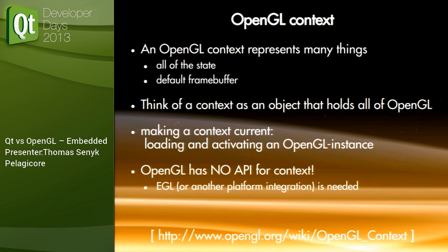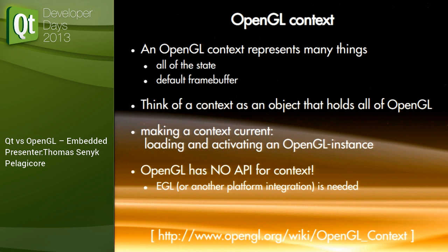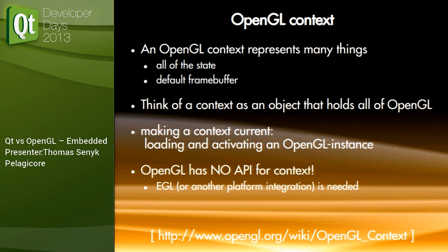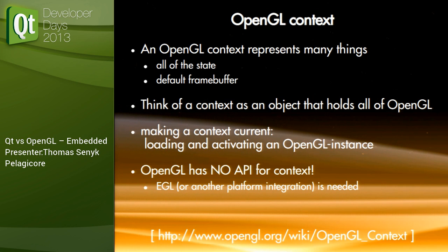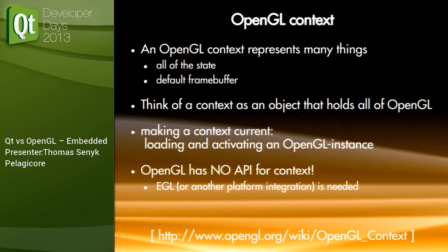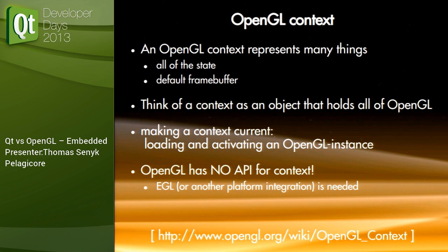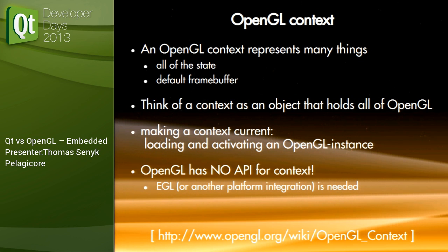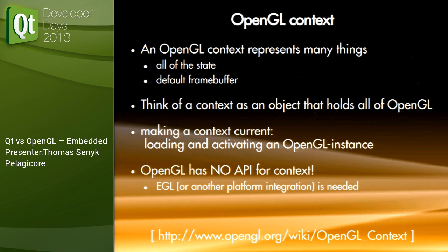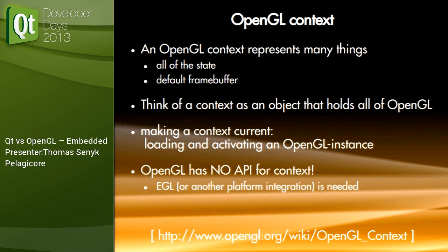OpenGL context, it's a little bit out of sync here. Wasn't really sure where to put it. It's a very important aspect of my talk because I will use OpenGL context to elaborate a lot of things and to clear things. OpenGL context is a fundamental and basic concept of OpenGL. It's basically an instance of OpenGL.